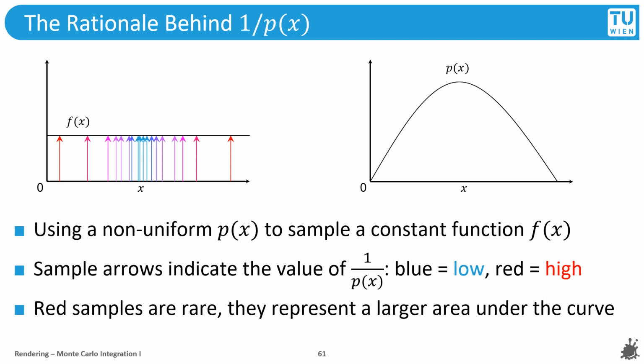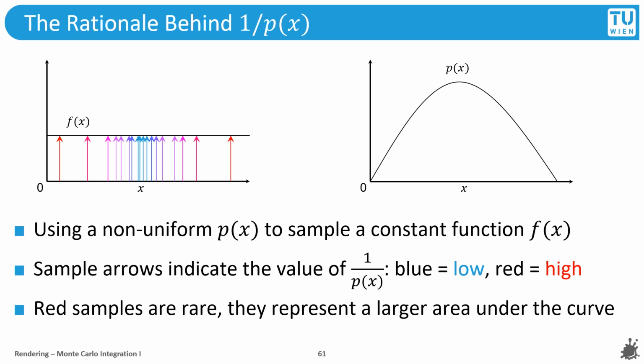In order to let this really sink in, we explore the rationale behind the factor 1 over the PDF of x a little more. Consider a constant function, f of x, that we are trying to integrate. In practice, this would be unnecessary, but it lets us illustrate a certain point. Now, if we sample f of x with the non-uniform PDF on the right, we find that several samples clump together at the center of the x-axis.